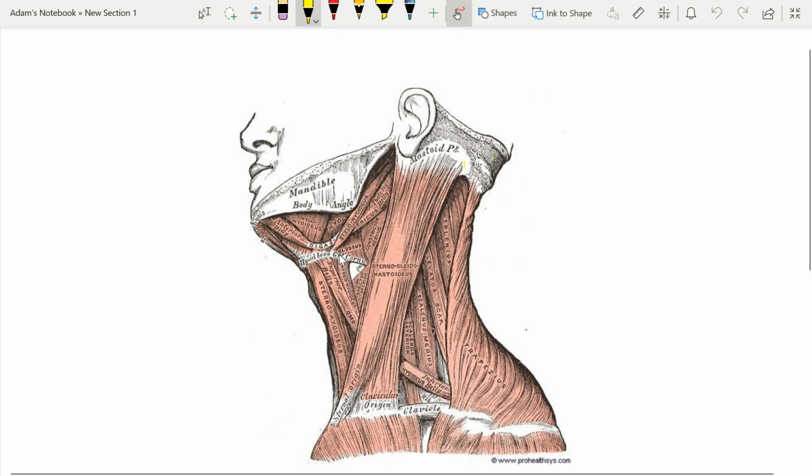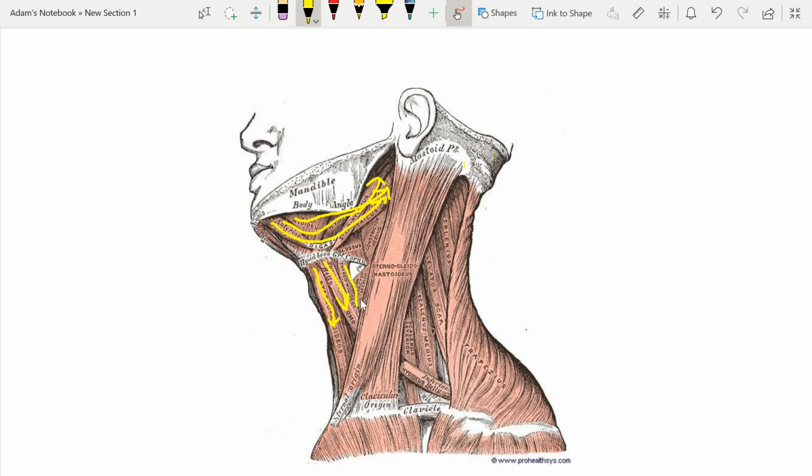Starting with the suprahyoids, their line of pull is going to be in this direction, roughly. You can kind of see tracing those muscle fibers too in this picture even. And then separately, the infrahyoids, their line of pull is going to be down this way.